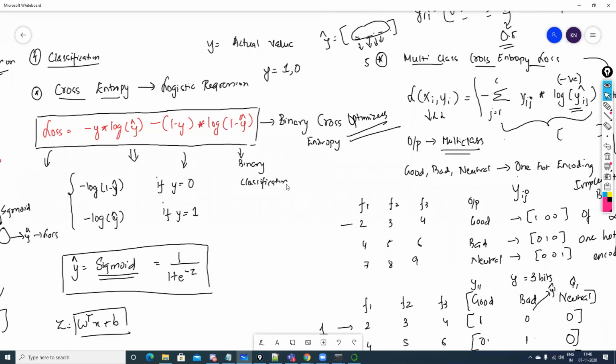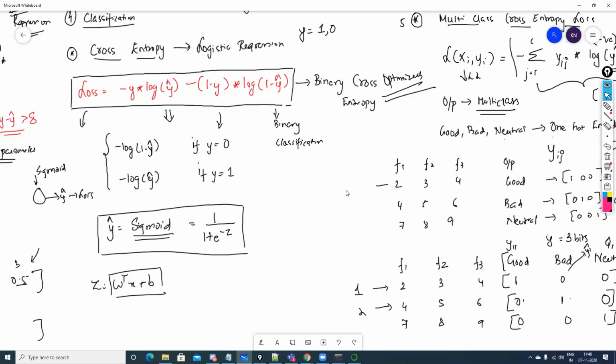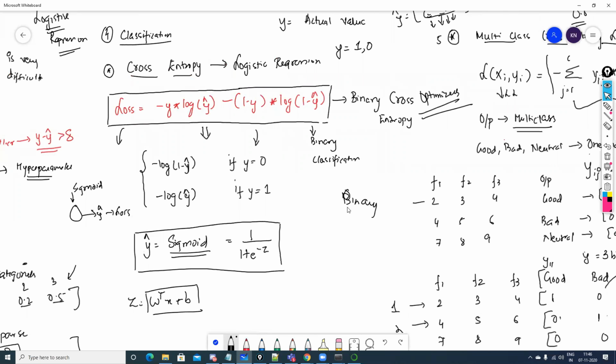See, if your output value is zero, in binary classification, this is the training output, right? When I say y, that basically means the training output. When I say y hat, that basically means the predicted output. So in binary classification, you may have y is equal to 0, y is equal to 1, right?